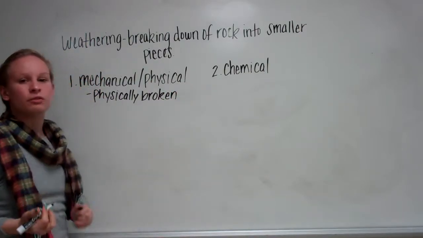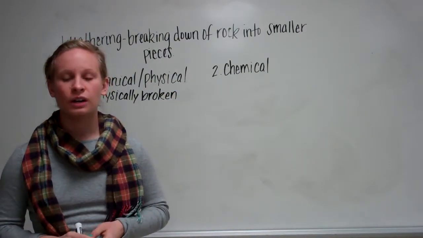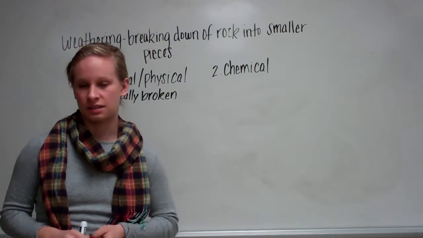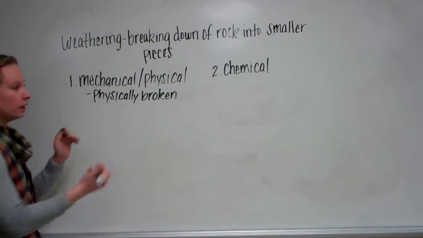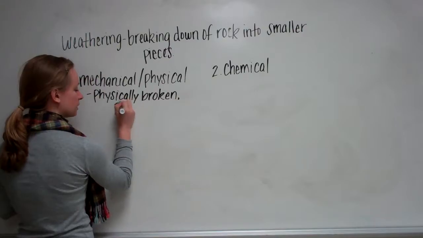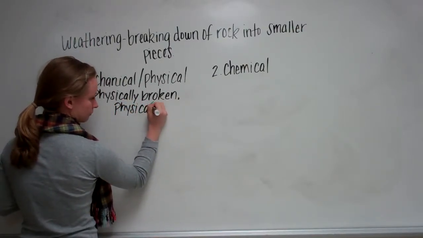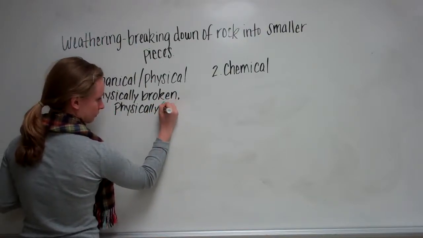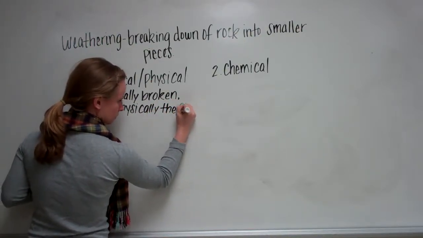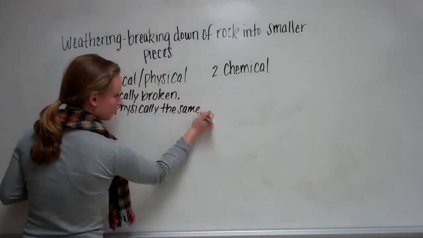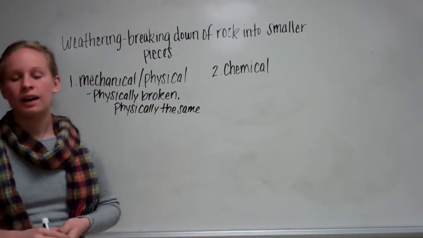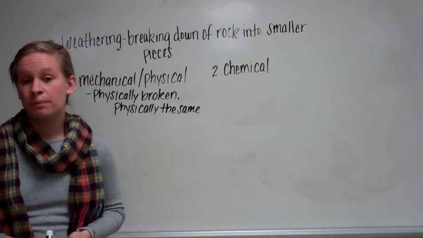But while it is being physically broken, the physical characteristics of the rock are staying the same. The new smaller bits of rock have the same property as the original bigger rock.